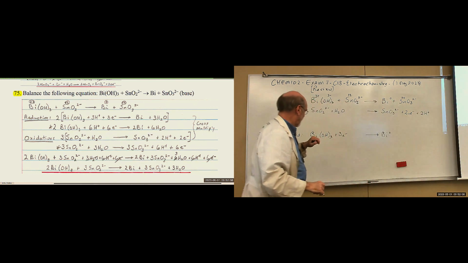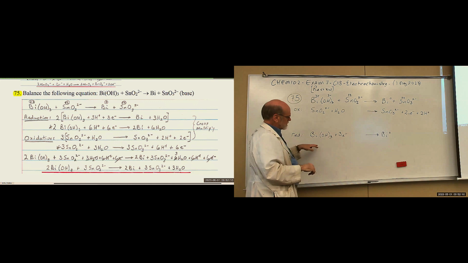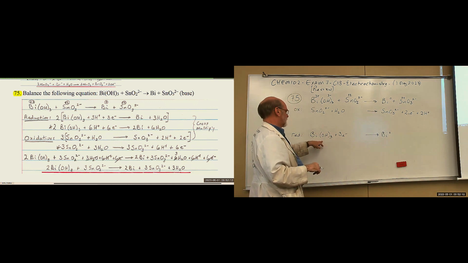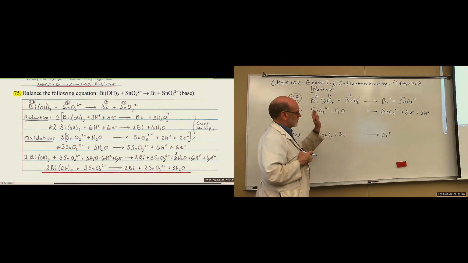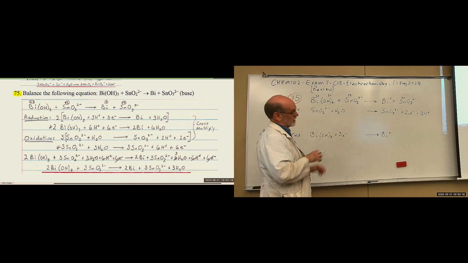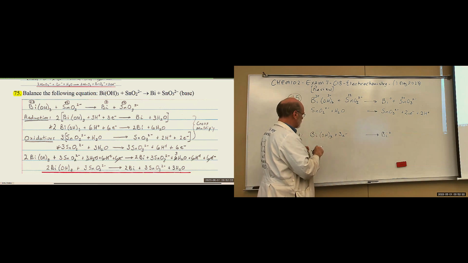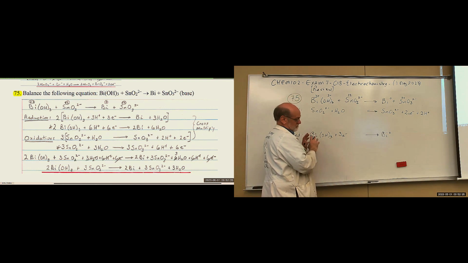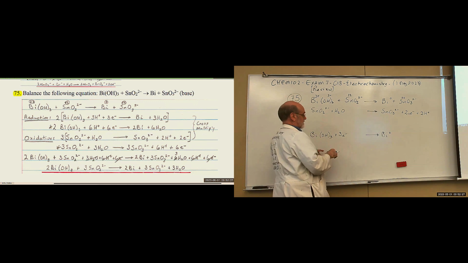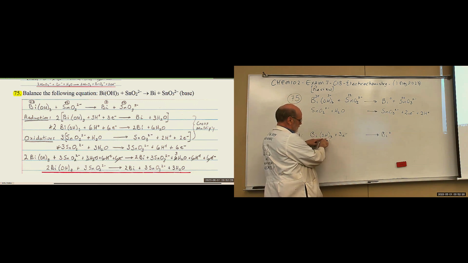Okay. Now the temptation here is to say, we got 3 hydroxyls here. Why don't we just put 3 hydroxyls over there? It might work. But if we do it the fake acid method, we need 3 oxygens over there.